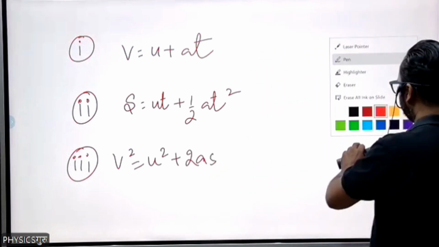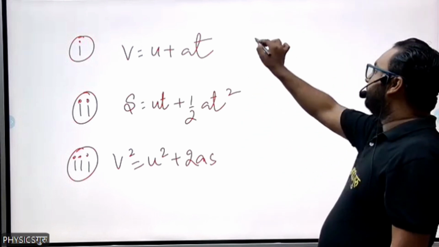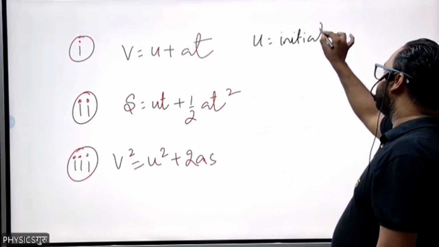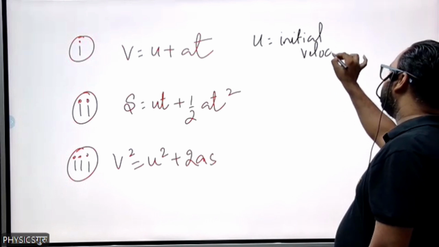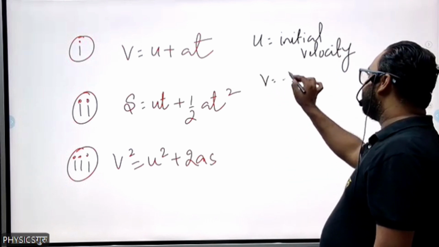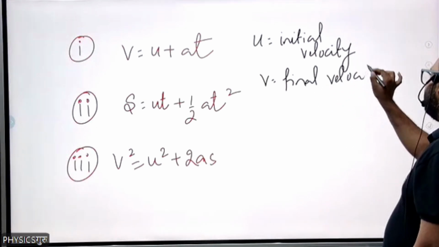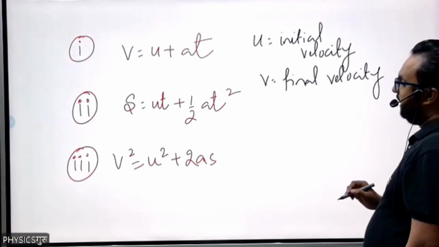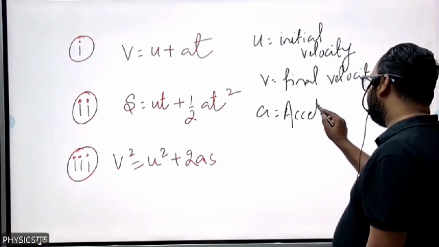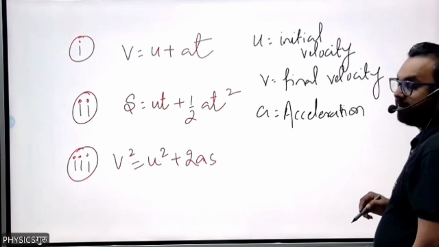Now it is important to note that u is basically called the initial velocity. V is called the final velocity. A is called acceleration.